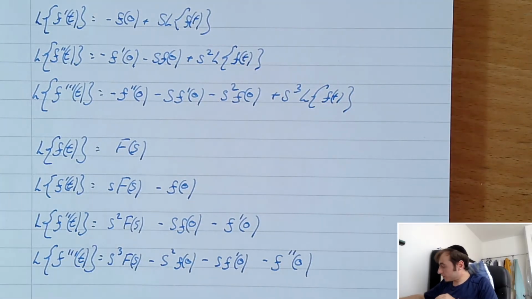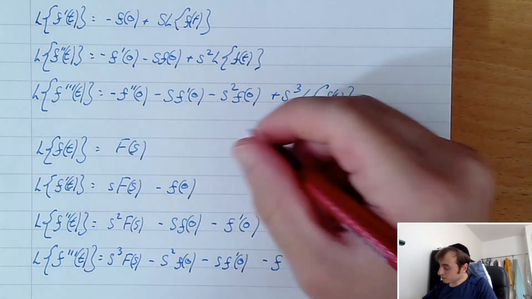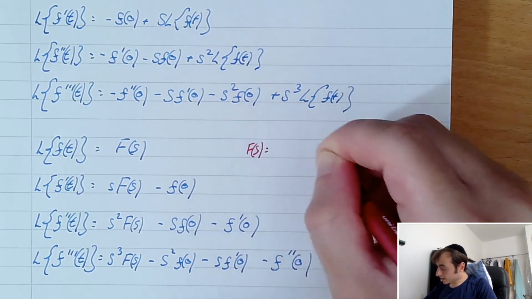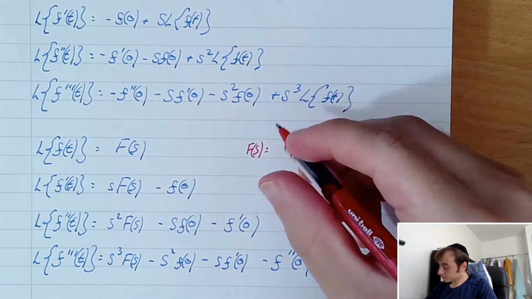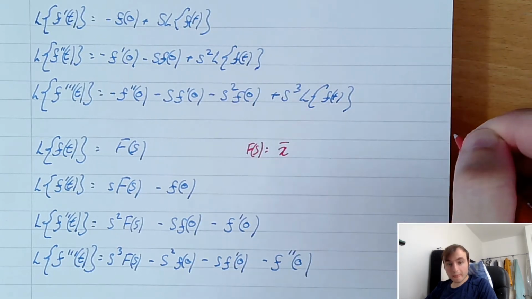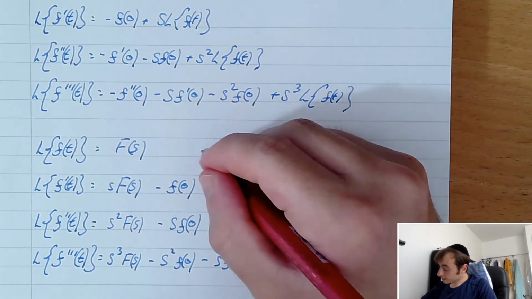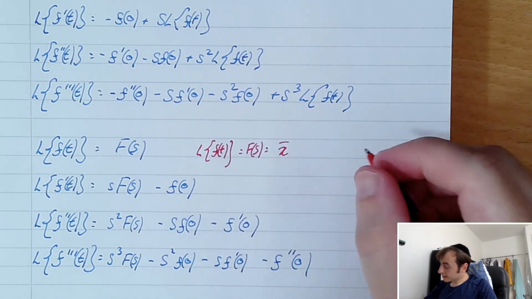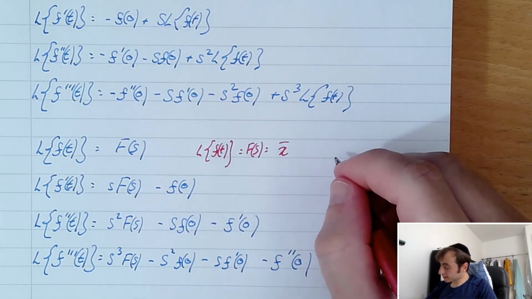Now, what I'm going to do next is introduce some notation to make this a lot easier to write down. So if we say that F of s equals x bar, which is obviously the Laplace transform of f of t, I'm going to introduce another notation here.